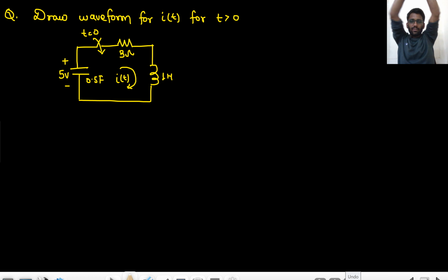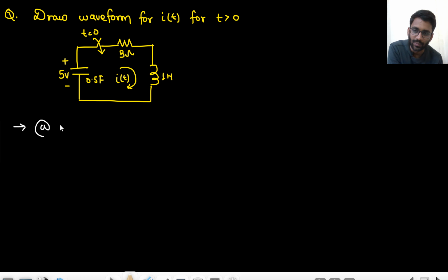Okay, so you have to draw the waveform of IT now. This is a series RLC circuit. The switch is being closed at t equals to 0. So just tell me, at t equals to 0 plus, the capacitor will have 5 volt.